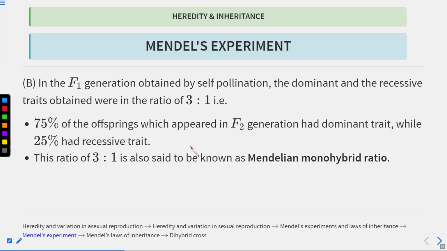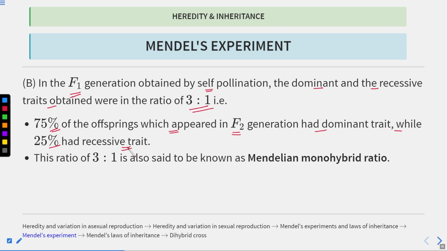Clear? Now in the F2 generation, obtained by the self-pollination of F1, the dominant and recessive traits were in the ratio of 3:1. Clear? So in the F2 generation, 75% of the offspring had the dominant trait, while 25% had the recessive trait.